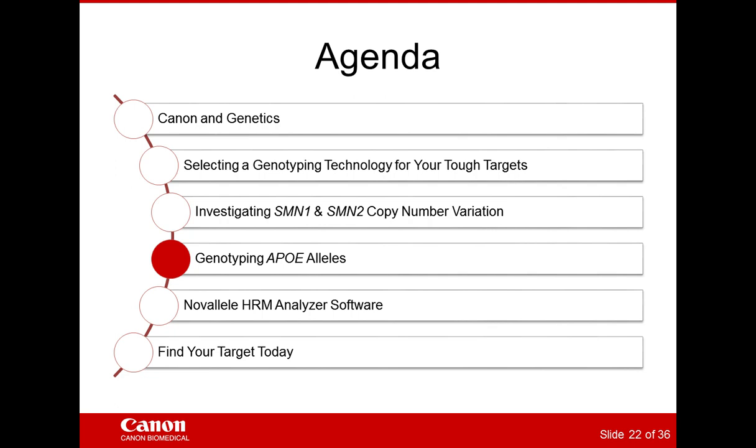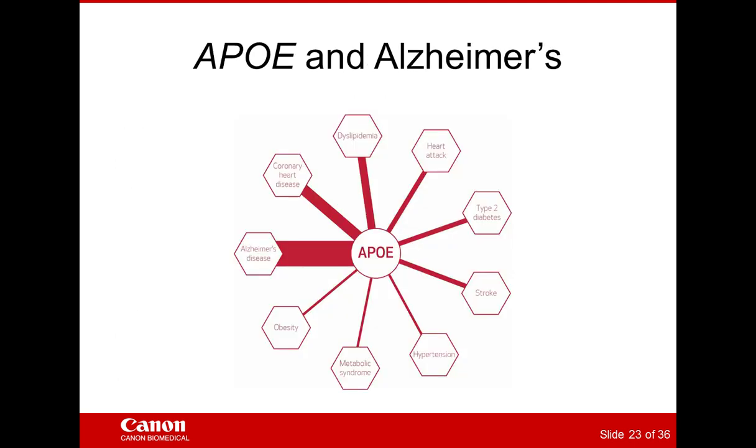So that brings us to the end of the copy number application, and we want to transition into a more standard genotyping application. In this example, we'll look at some SNP genotyping assays. For this, we're going to look at the APOE gene.